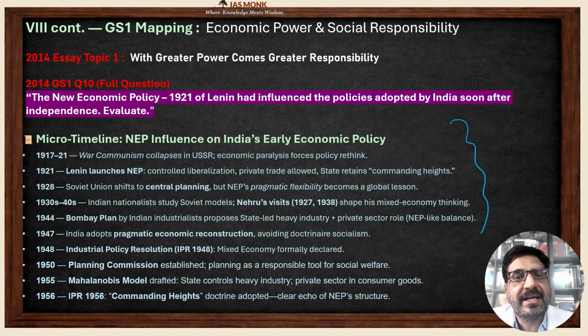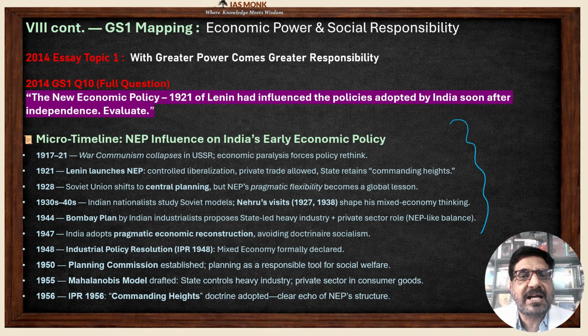When nations face shifting global power, economic models become strategic tools. NEP of Lenin and India's mixed economy both show how responsible flexibility safeguards national autonomy.